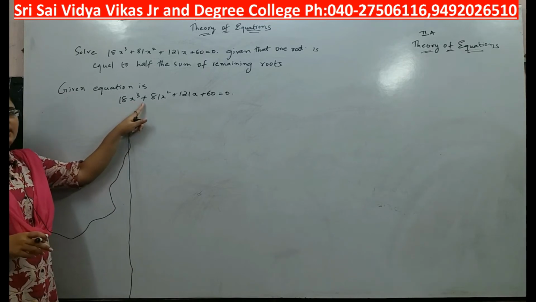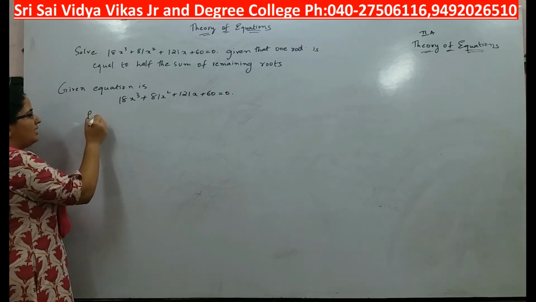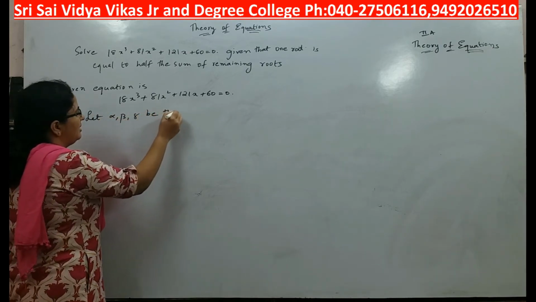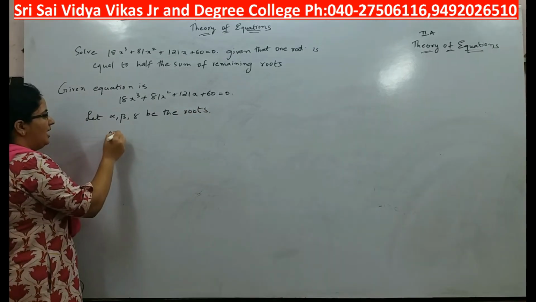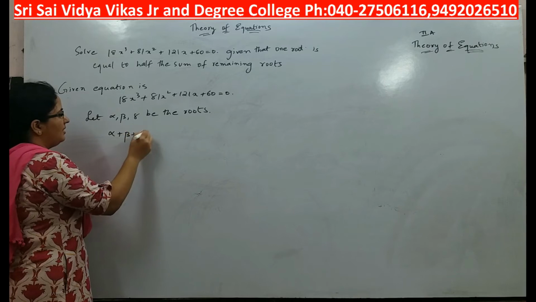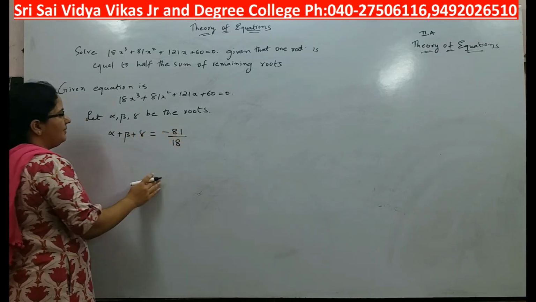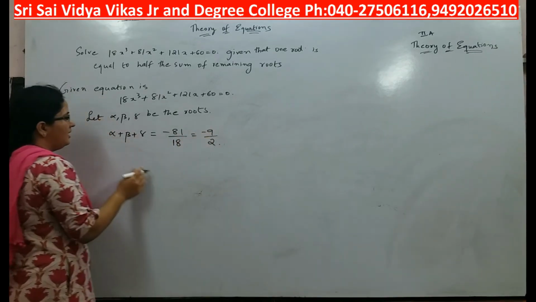Because the degree is 3, it has 3 roots. Let alpha, beta, gamma be the roots. Alpha plus beta plus gamma is equal to minus 81 by 18, that is equal to minus 9 by 2.